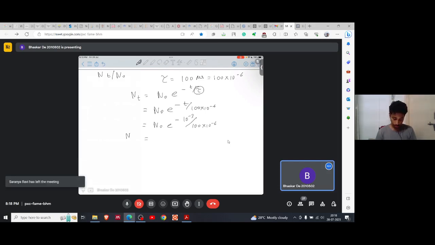Then nt by n naught will be e to the minus 10. So this is the ratio of nt by n naught.